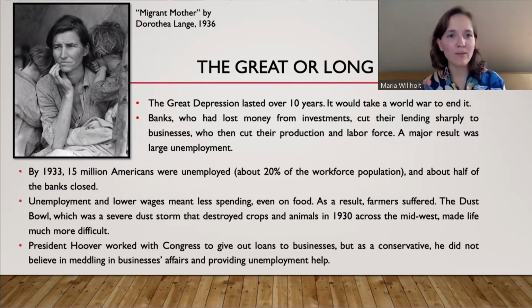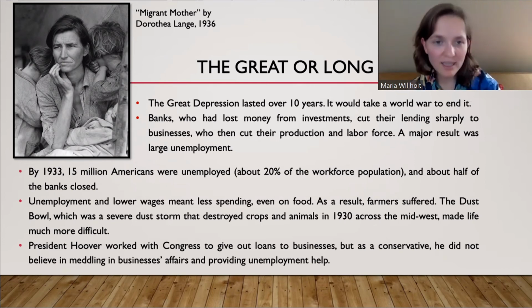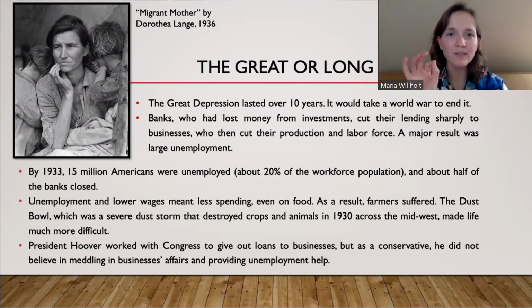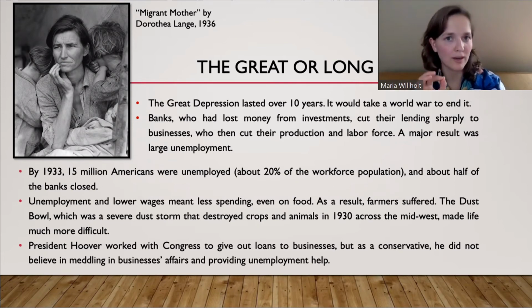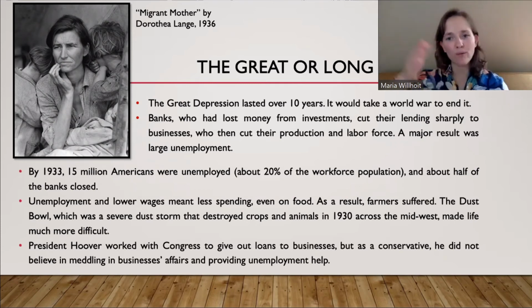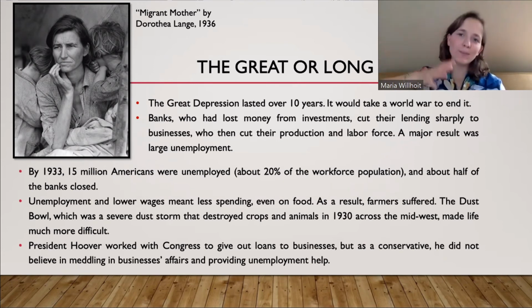So you have major unemployment. You have more and more people unemployed. It was terrible. And by 1933, 15 million Americans are unemployed. They don't have a job. It's not even that they have a part-time job, it's that they have no job. And this is about 20% of the workforce population, 20% of our population that can work.